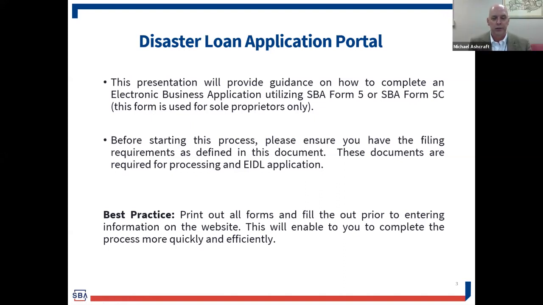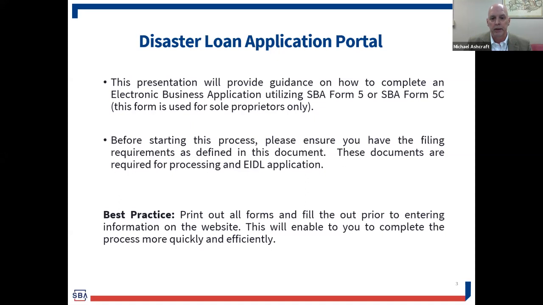There are about 6 or 7 forms for every type of business. With one exception, they start with form 5, which is listed there in that top bullet. If you are a sole proprietor, however, which is about 70% of all businesses in the state, then it's form 5C. Slightly different types of questions, most of the same information.